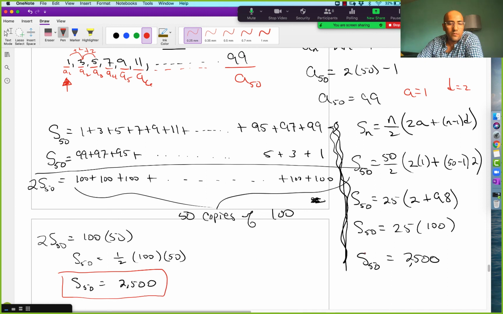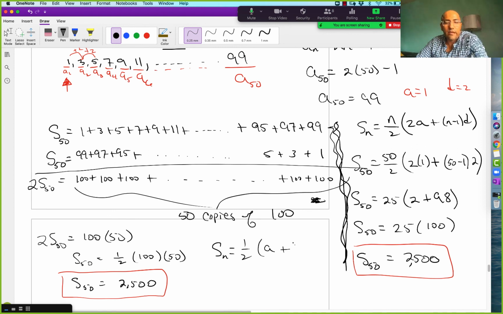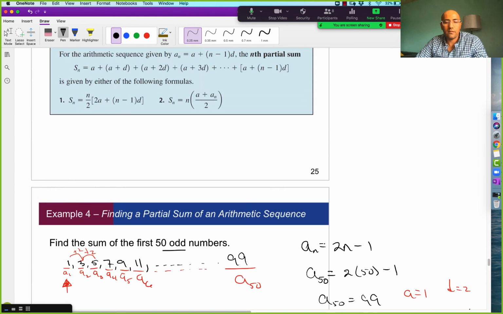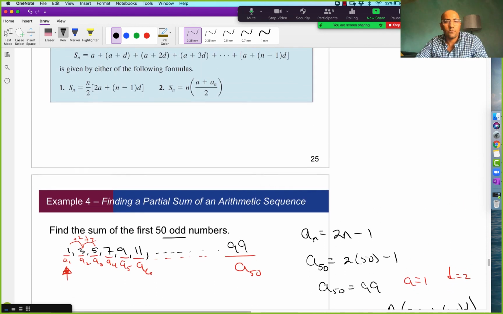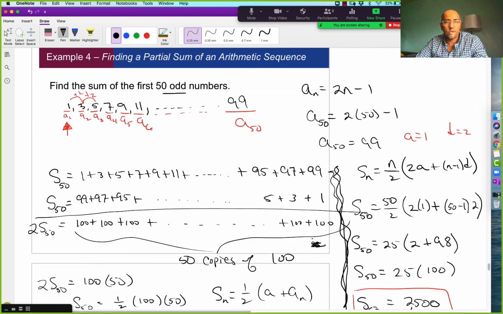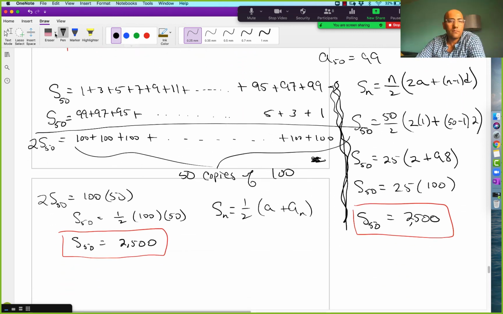So we did it the hard way there. We can use the first formula, and we can also use the second formula given. Either one is fine. The second formula for the sum of the first n values is equal to n times a sub 1 plus a sub n over 2.